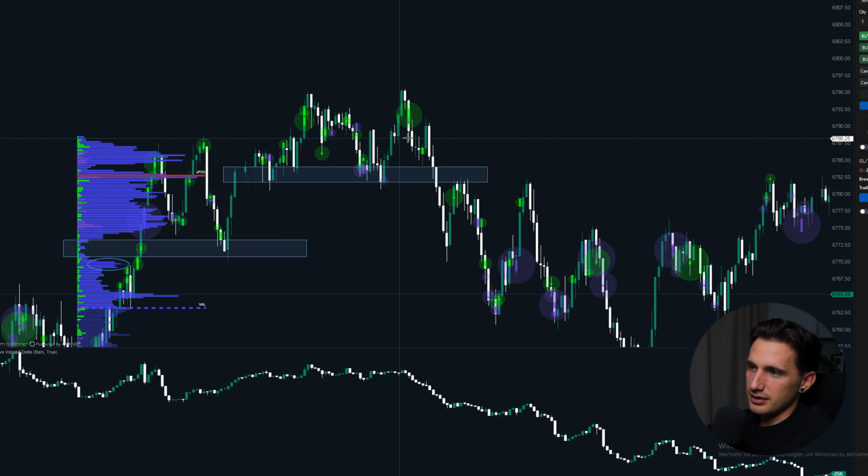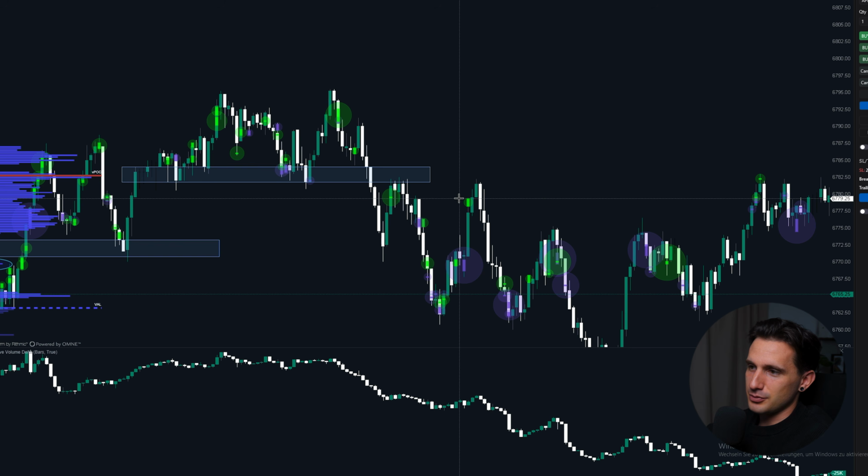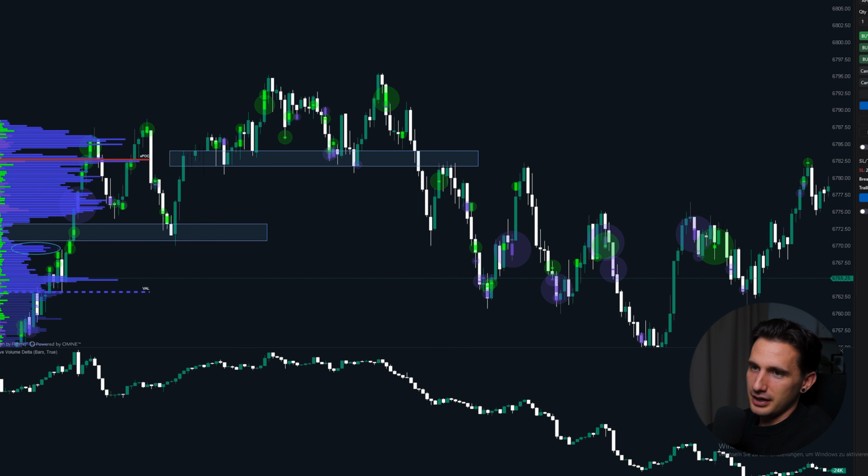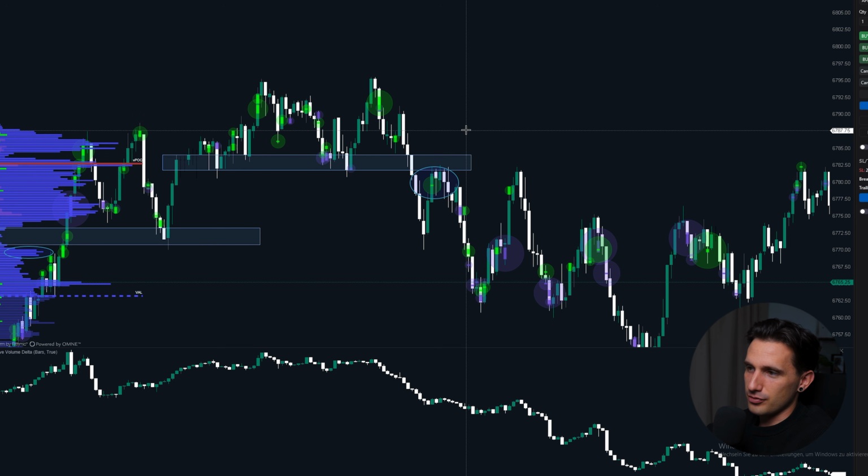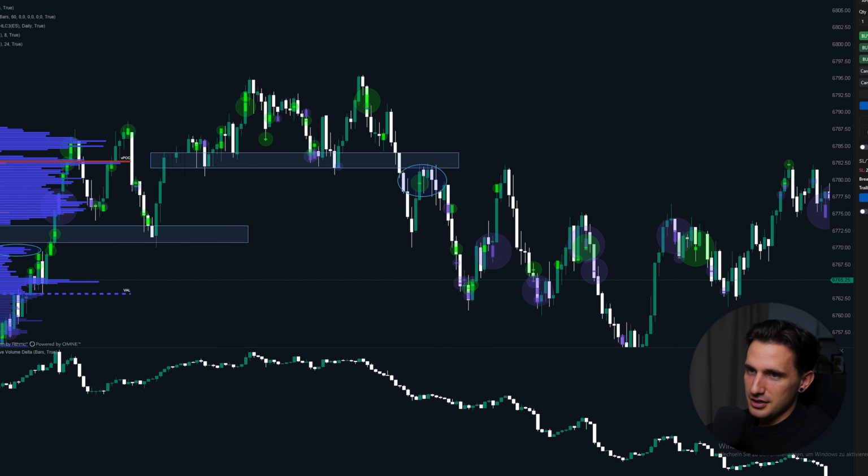All these buyers are getting trapped, and as soon as this low gets broken, you get the acceleration to the downside. We push up, retesting this neckline, and again, guys, you can see buyers trying to buy this level but getting no follow through. So this is your sign to step in with a selling position.